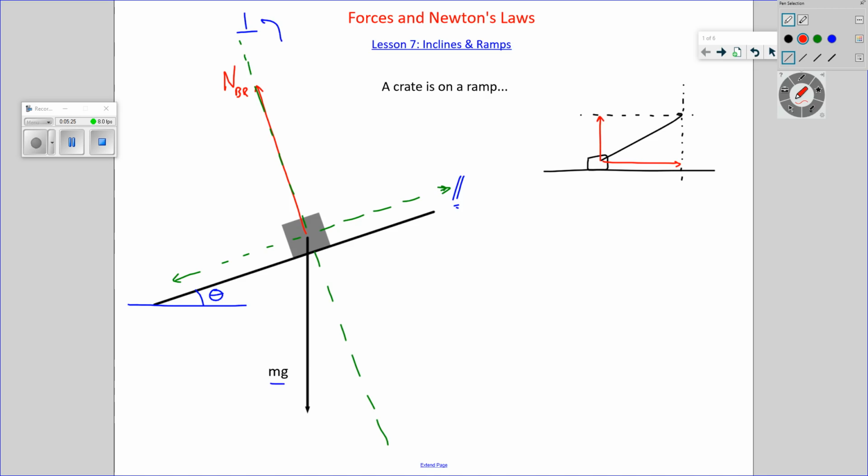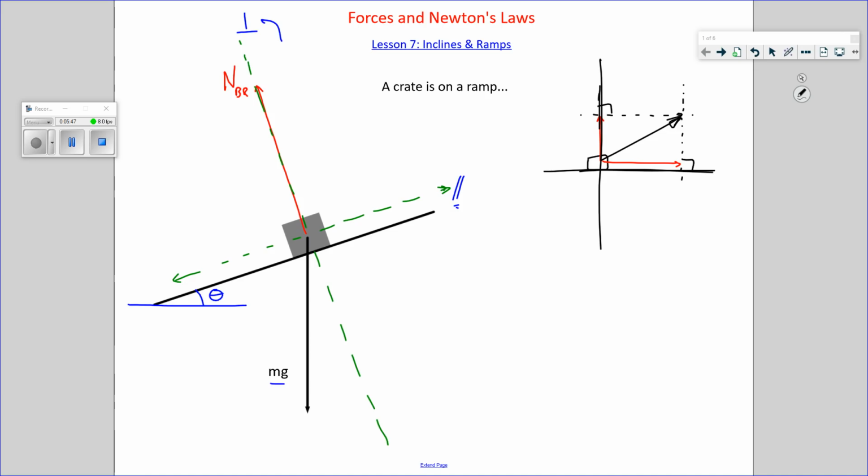You can draw these little dotted lines from the end of the actual force along to the coordinate axes that we use, right? So I've made perpendiculars from the end of the vector to those axes, and I'll do the same thing here, all right?